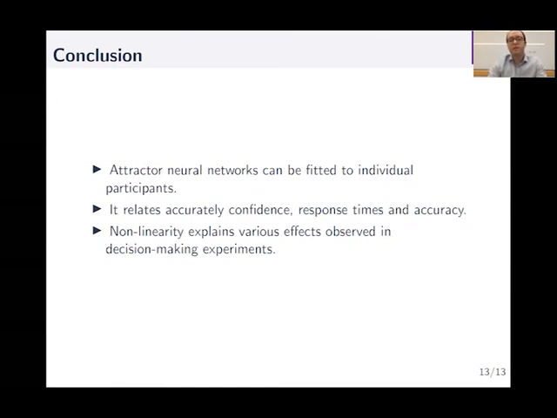And what I showed in my PhD was that this nonlinearity is essential to explain a lot of effects that are observed in decision-making experiments, such as, for example, if you perform a decision, like you choose clockwise on your previous decision, then on the following decision, you are going to have the tendency to choose clockwise again. You have some kind of repetition effect. And so the nonlinearity of attractor models is essential in order to reproduce these various effects in behavioral experiments.